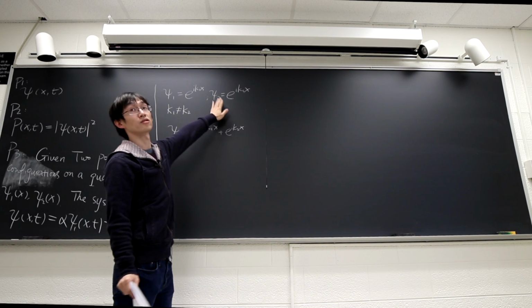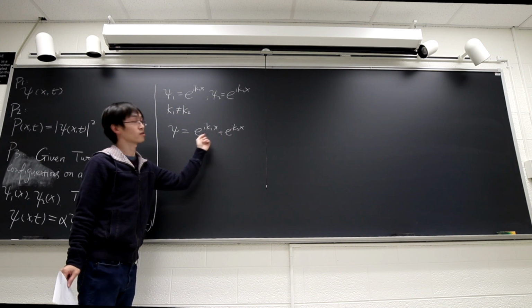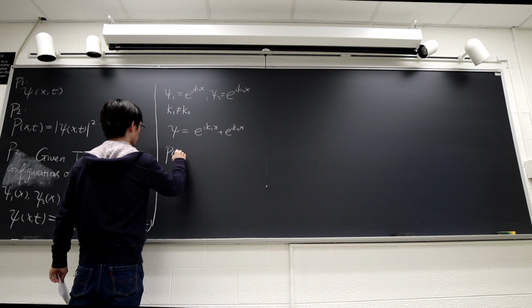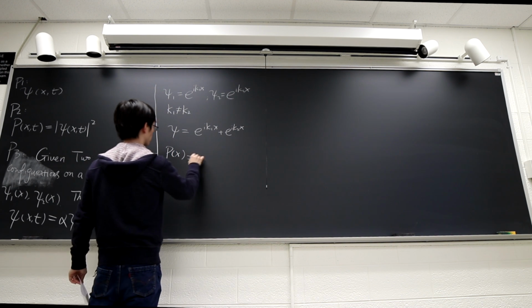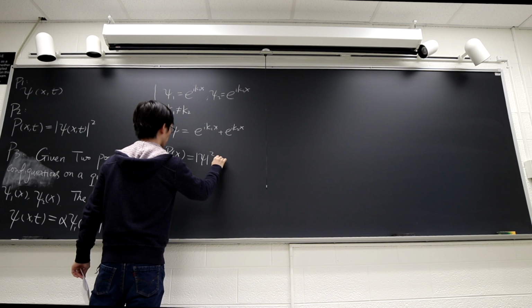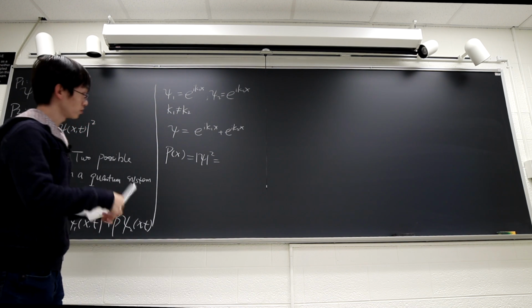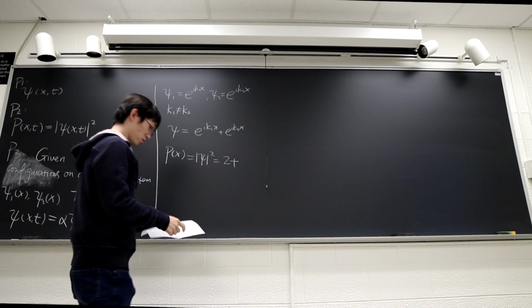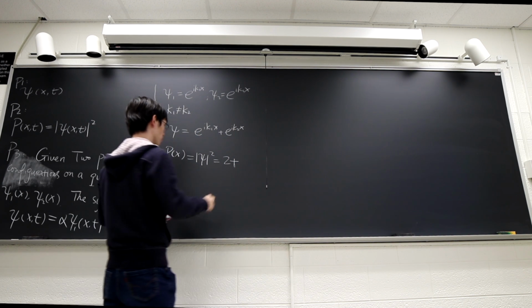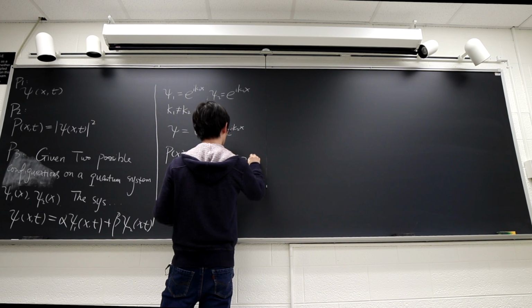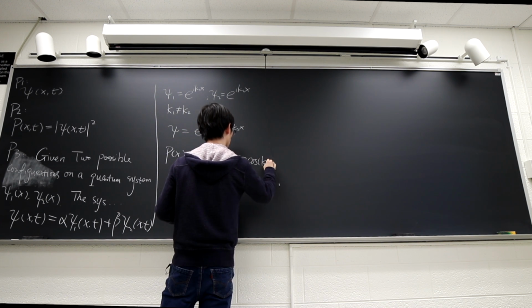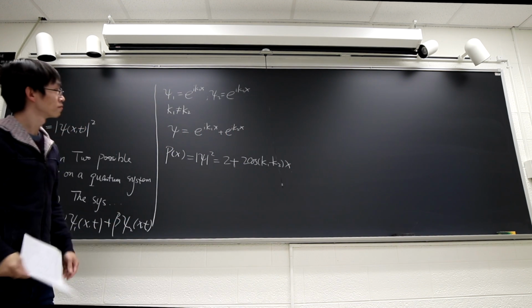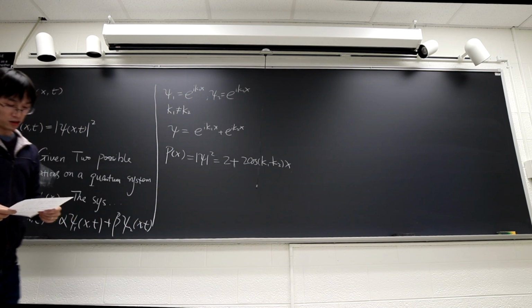The same here for psi 2. But then when you add them together and calculate the probability at position x, you can just plug in, and we work out 2 plus something. You can do the math afterwards.